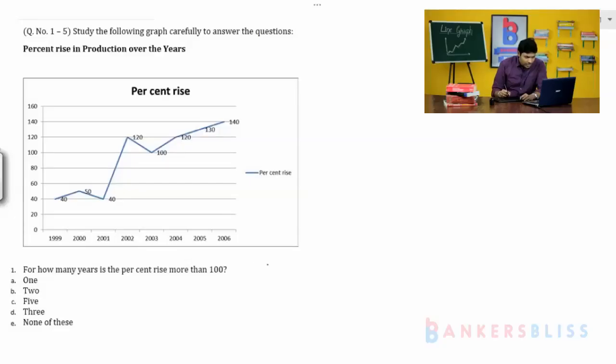More than 100% means you have the year 2002, where you have a 120% rise. They are asking for more than 100%, but in 2003 you have exactly 100, so that data cannot be taken. Therefore, 2004 is 120 again.